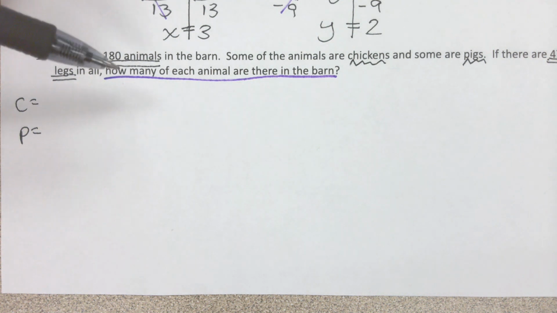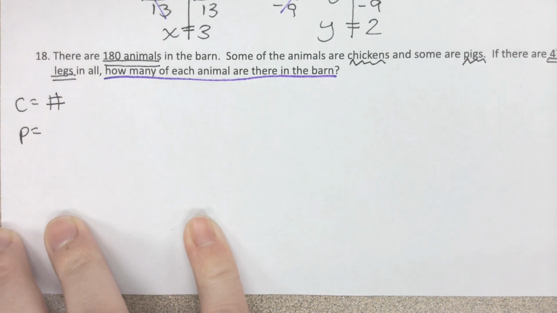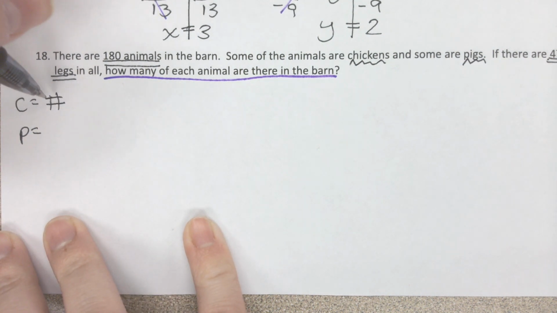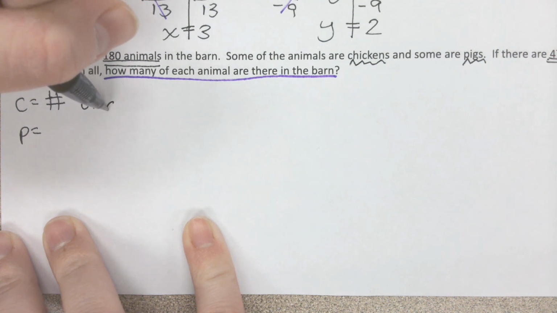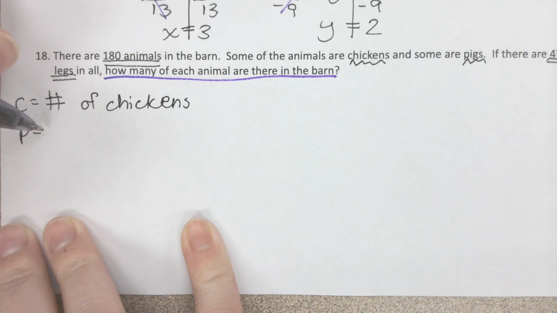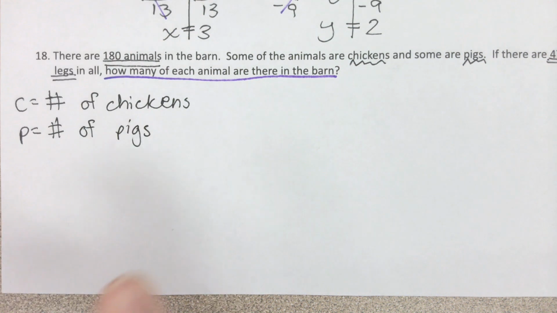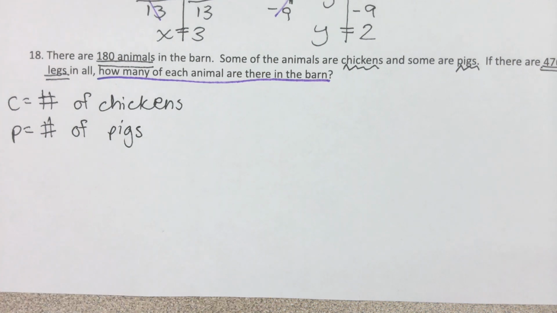In this case, we're trying to figure out how many of each animal, so how many chickens and how many pigs. In that case, we're going to call C the number of chickens, and P the number of pigs. Next, we need to make our equations.